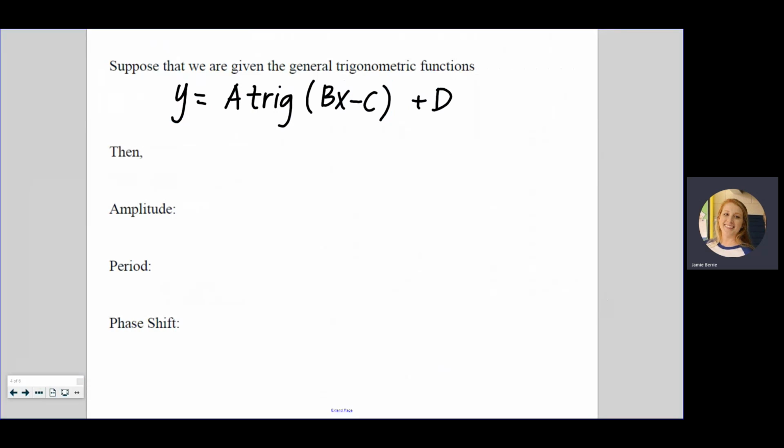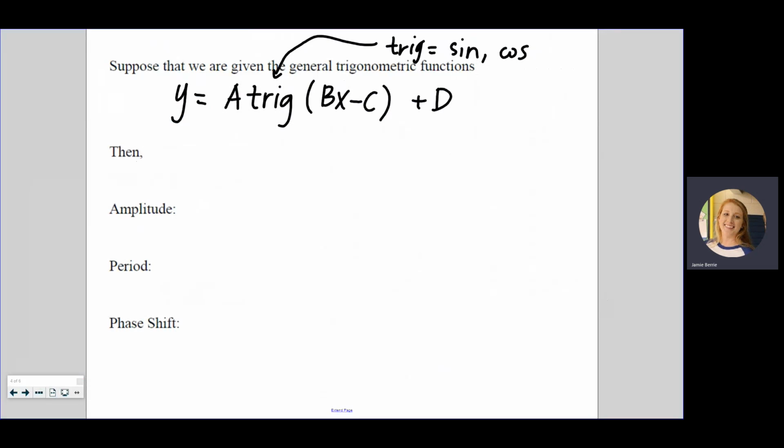All right, so I'm using just letters in general right now because that's going to allow us to write formulas for the amplitude, the period, and the phase shift of these functions. So in this scenario, trig here represents either sine or cosine.